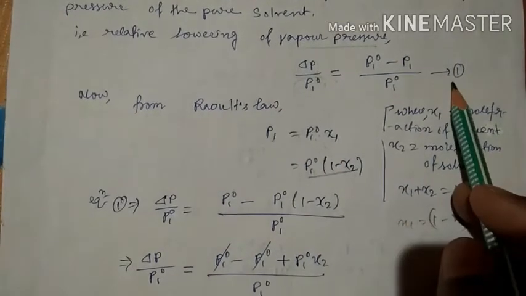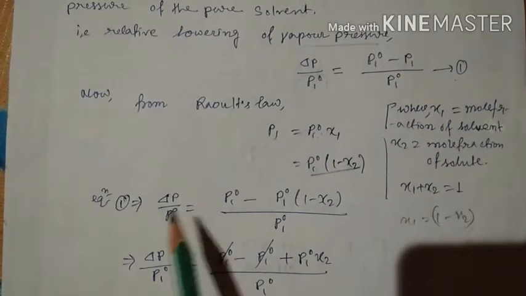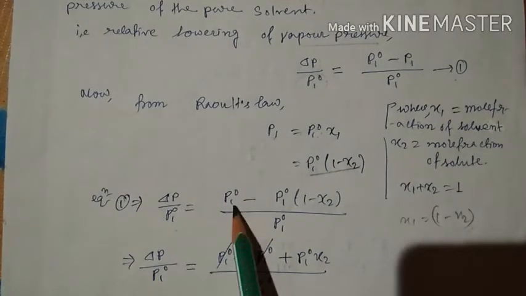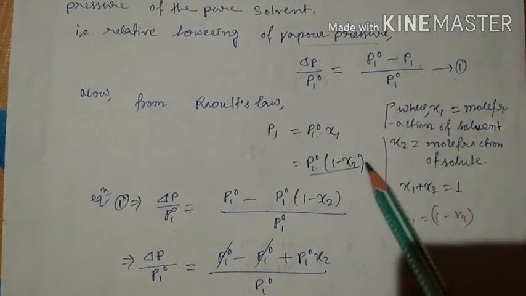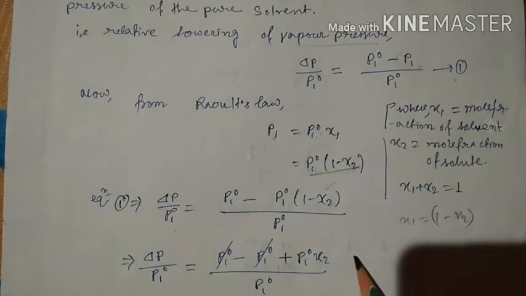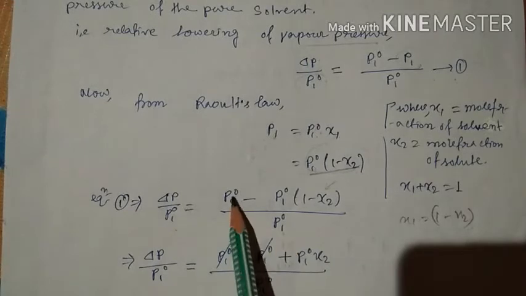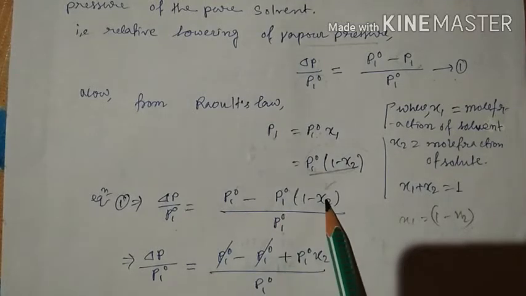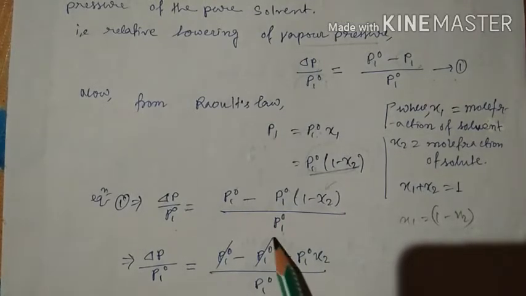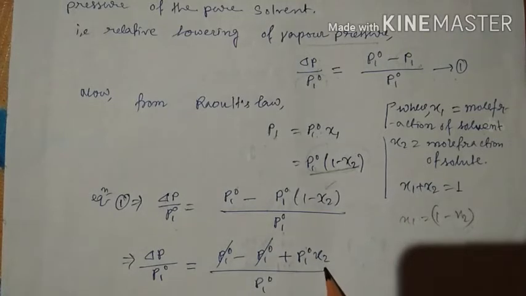From equation 1, we get del P by P1 0 equals, in place of P1, we put the value: P1 0 times (1 minus xi2), that is P1 0 minus P1 0 xi2, all divided by P1 0. P1 0 cancels, and only xi2 remains.